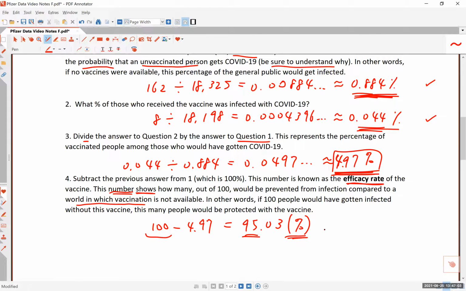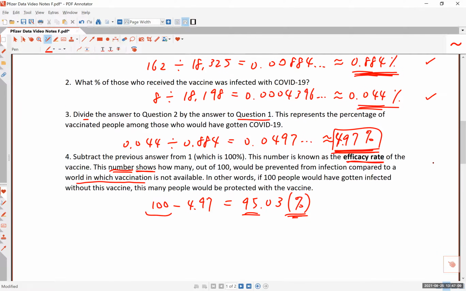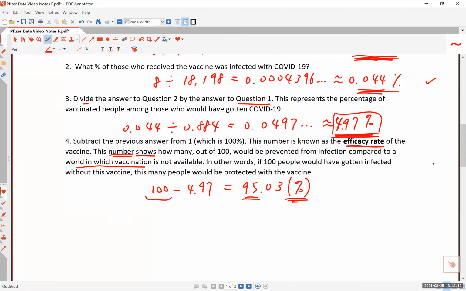So again, this percentage tells you what percent of the people who would get COVID-19 would be protected against that virus by getting the vaccination. All right, so I have several questions I want to ask you and think about in the second page.